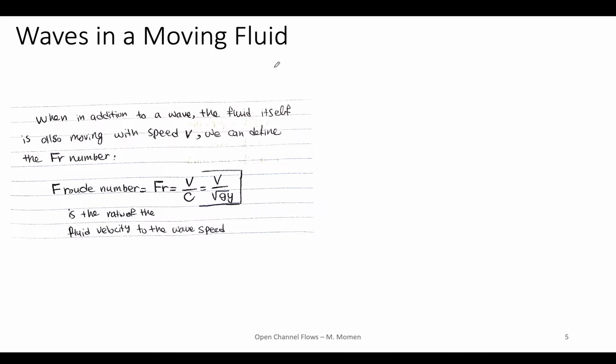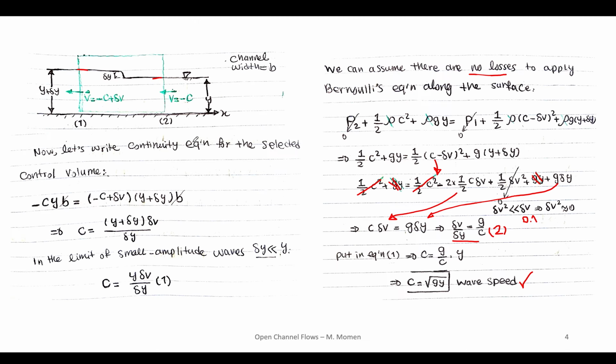So what if the fluid is also moving? So in addition to the wave, the fluid itself is also moving with speed v, right? So you can assume that you have a channel, open channel flow. So this channel is also moving, like it has a slope, it also moves, and then you create a wave there, right?